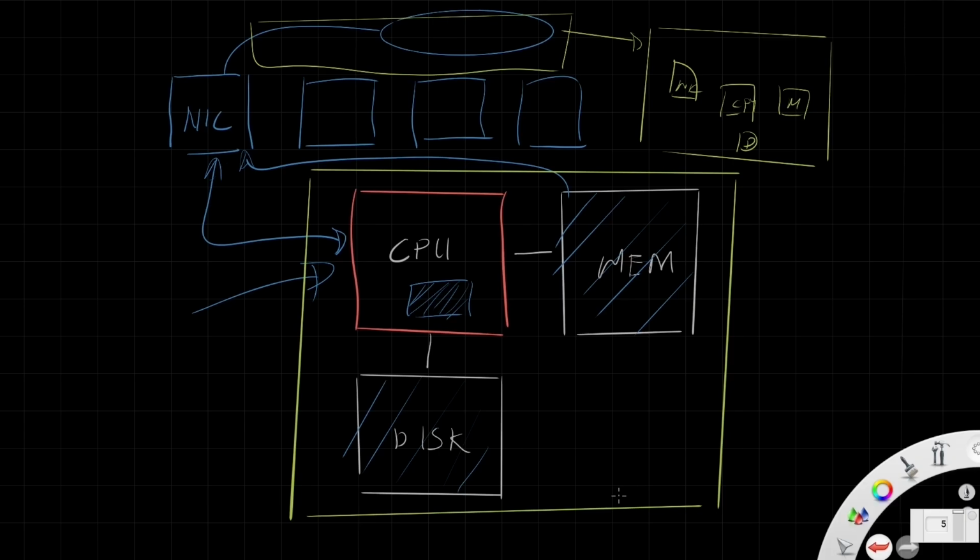The diagram which we have drawn here is true in the case of cloud and on-prem. It is even true for the phones which we are using, or any computer devices, edge devices, anything you can think of. This particular diagram is more or less the same. Once again, all the data goes in the CPU, memory, disk, and of course the network, and potentially other devices like monitor, keyboard, mouse, etc., which don't really matter to our discussion, but in some cases they matter as well.